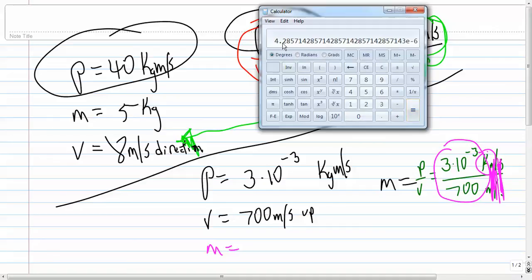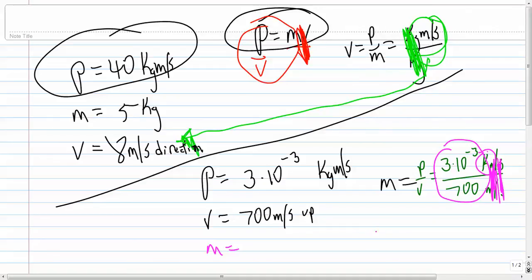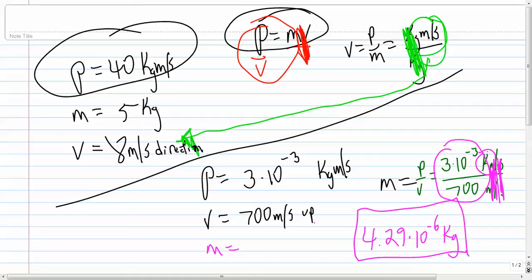And I get 4.29 times 10 to the negative 6. So 4.29 times 10 to the negative 6th kilograms. So whatever this thing is, it's not very massive. Negative 6, that's like, who knows, a speck of dust or something.